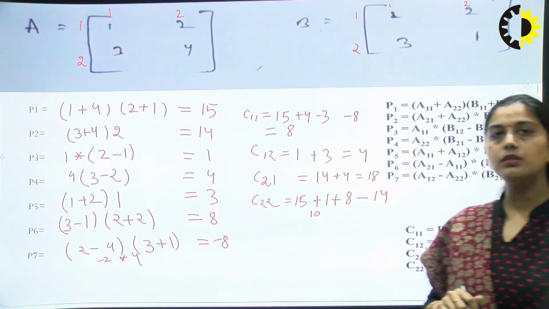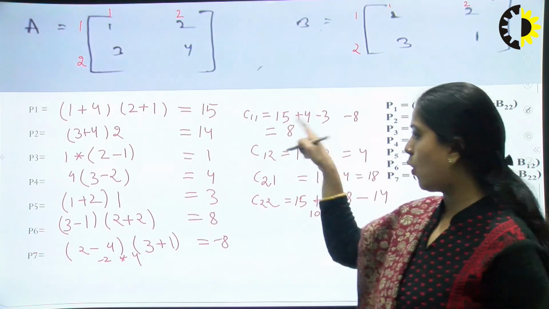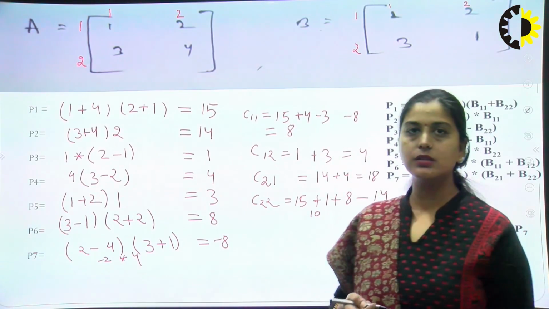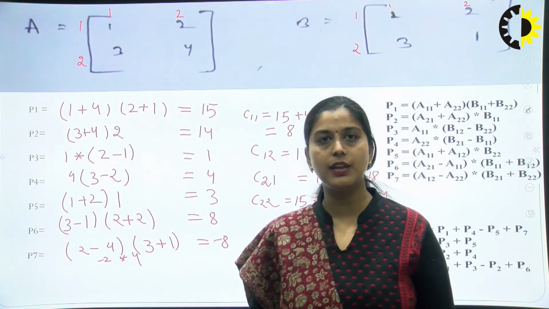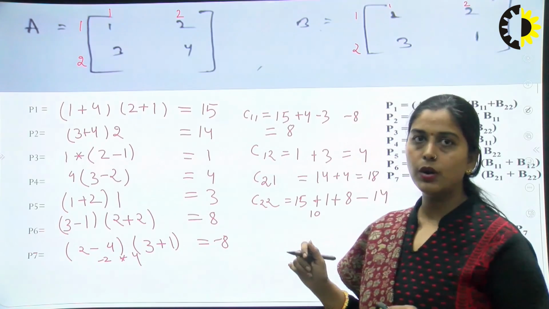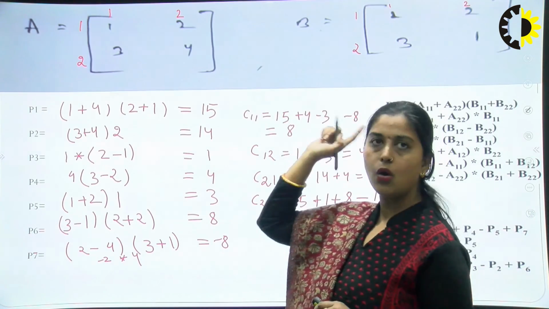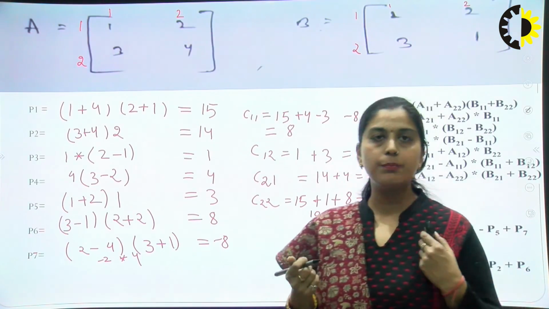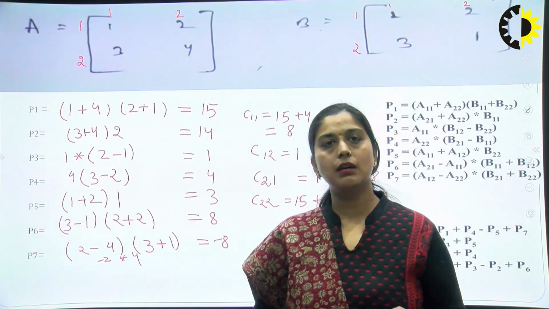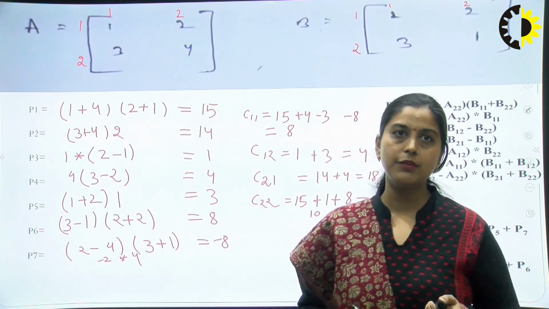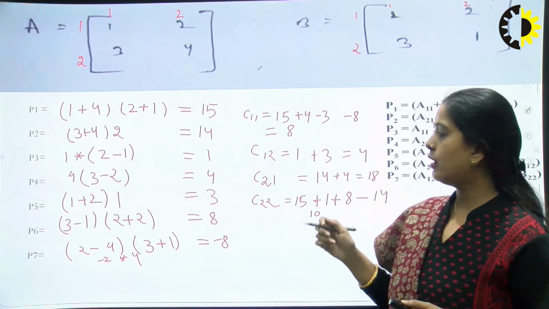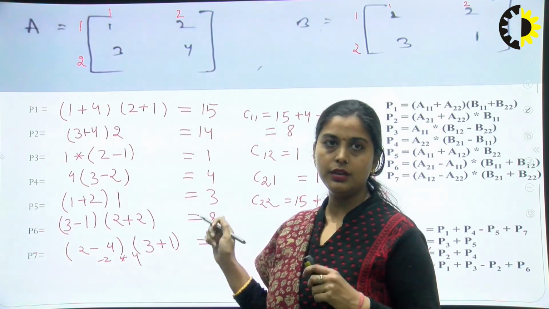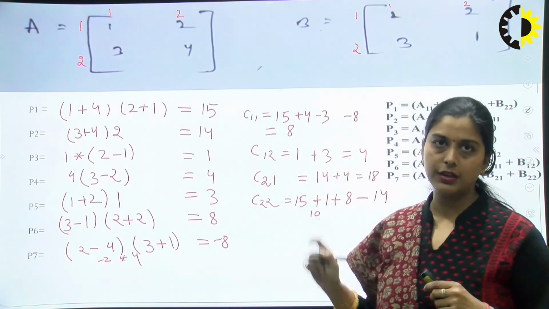So by using these particular formulas, which are given by Strassen for matrix multiplication, we are calculating the product of two given matrices. And what is the benefit? As I discussed earlier, in the simple iterative method, we are taking 8 multiplications in the matrix multiplication.